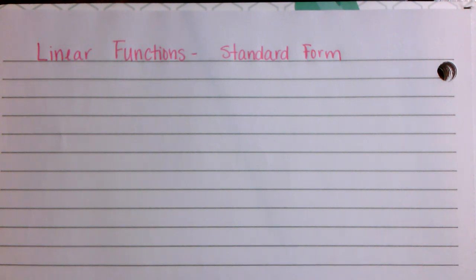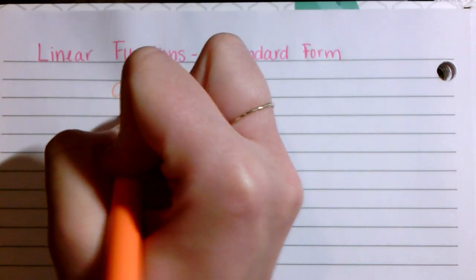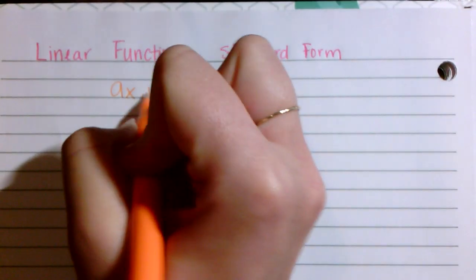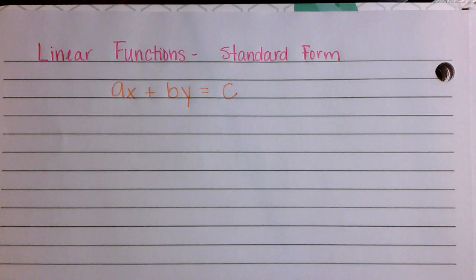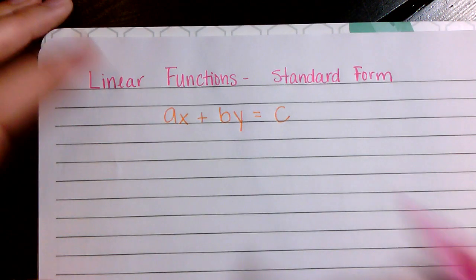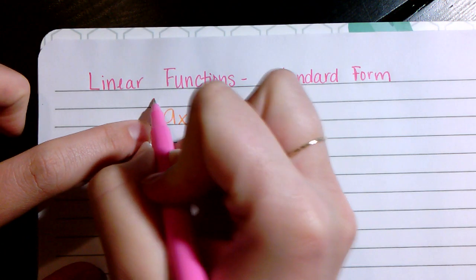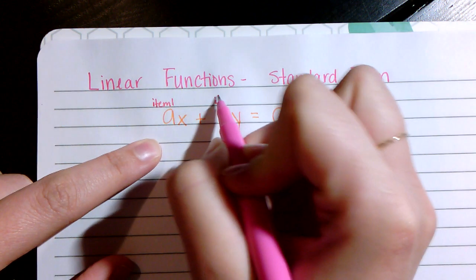The standard form looks like this. Okay, so in this formula here, or in this function ax plus by equals c, I want you to look at your a as item number 1 and b as your item number 2.